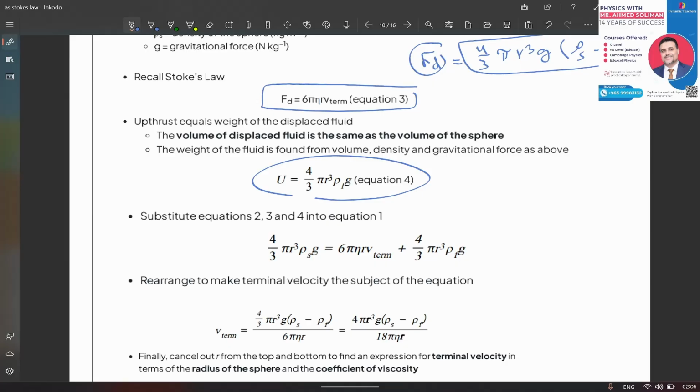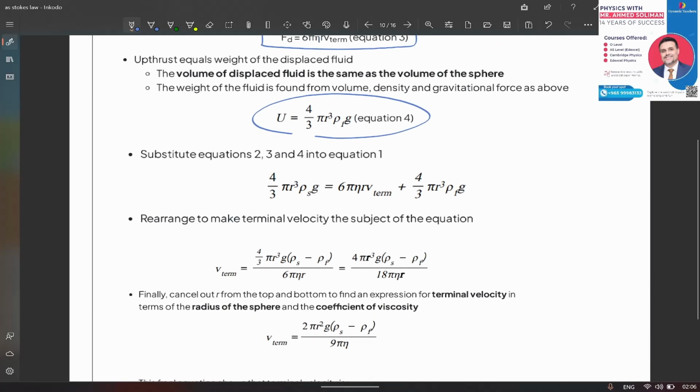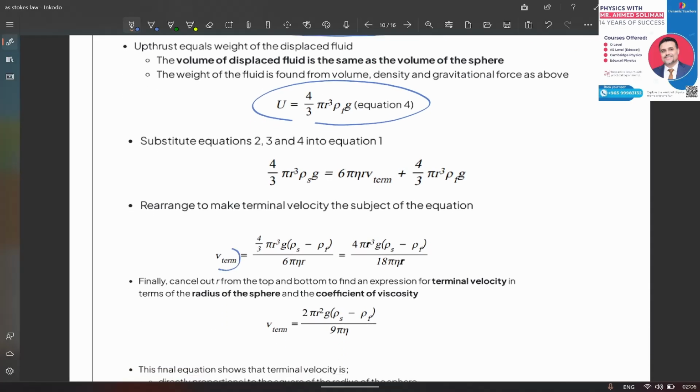It can be calculated by 6 pi eta r v terminal, or Fd equals 4 over 3 pi r cubed g, times rho s minus rho l. Now what if you want to find terminal velocity? You need to divide.